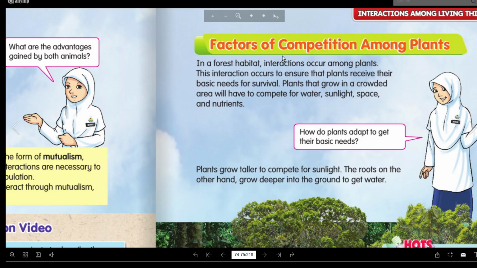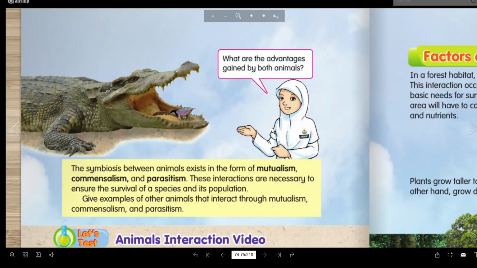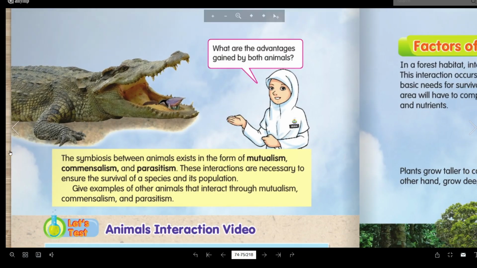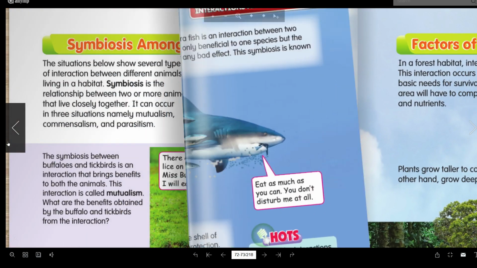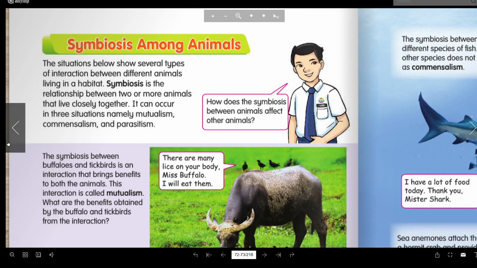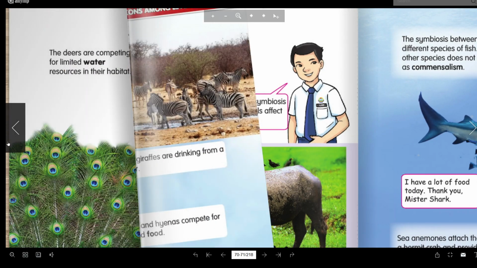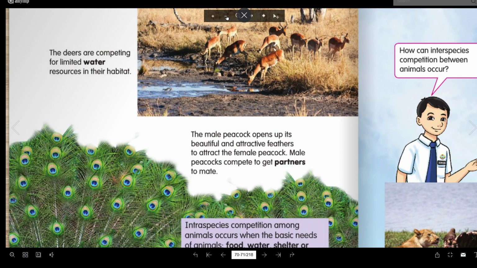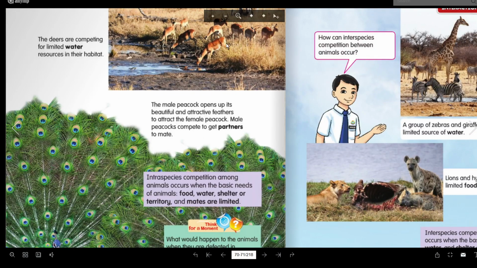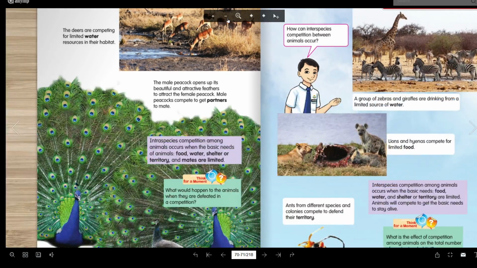Now factors of competition among plants. We have seen it for animals, right? Let's quickly revise what we have done. We are talking about how animals live and they are dependent on each other species for basic needs of survival.